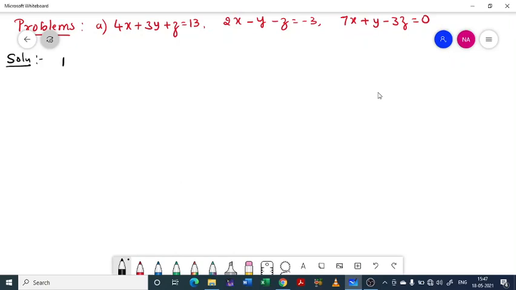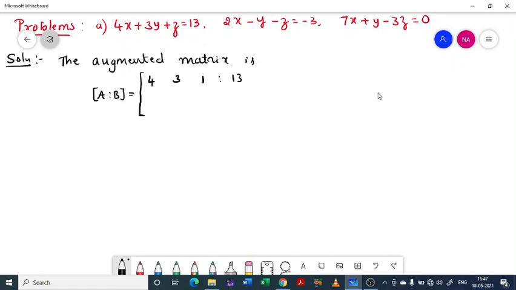The augmented matrix is [A : B]. The first row is 4 3 1 colon 30.